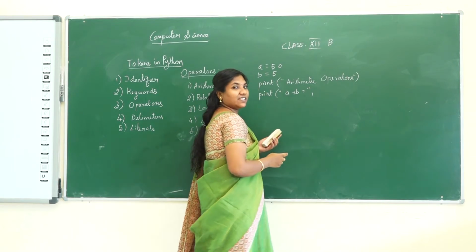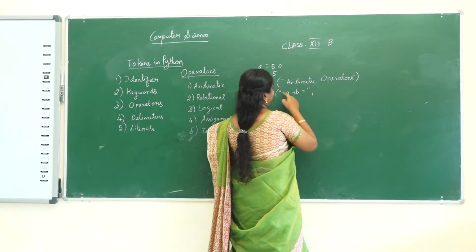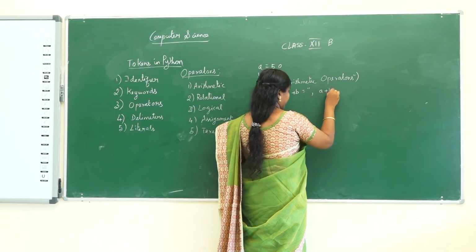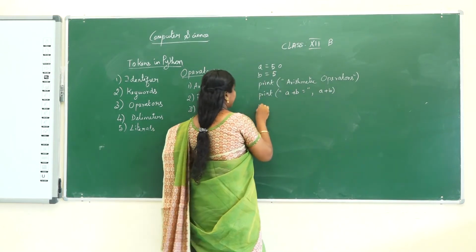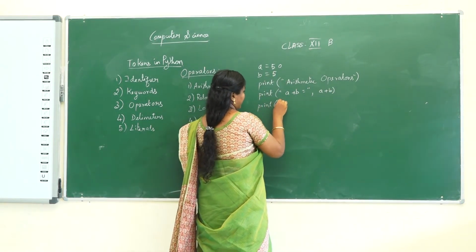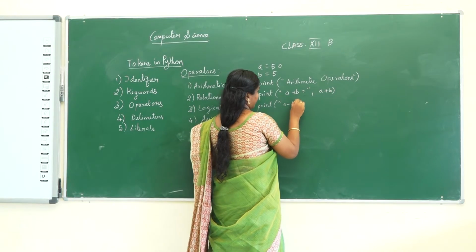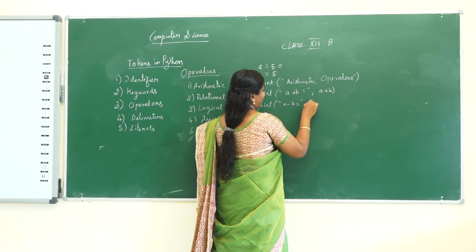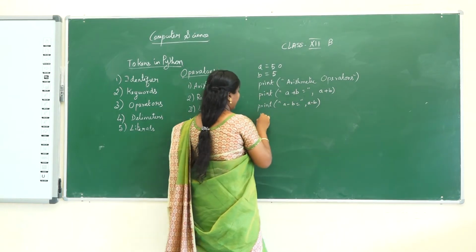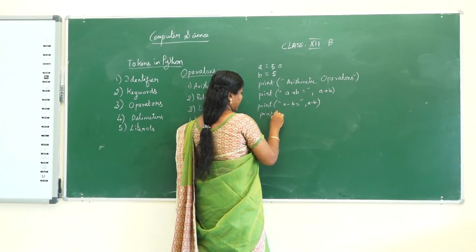In the last class I have seen about the print statement. Next print A minus B is equal to, comma, A minus B, and I am using all the arithmetic operators.